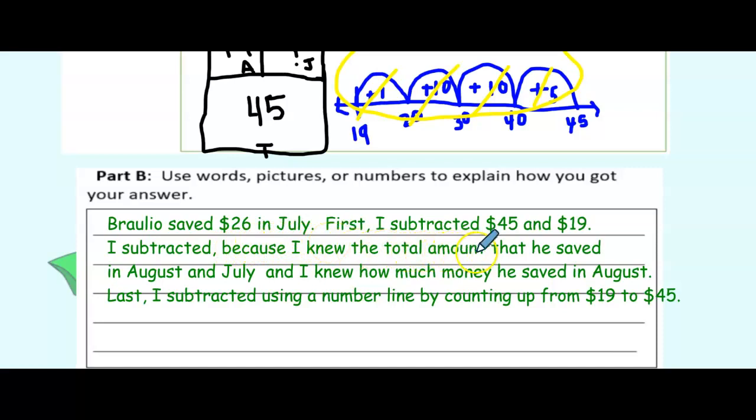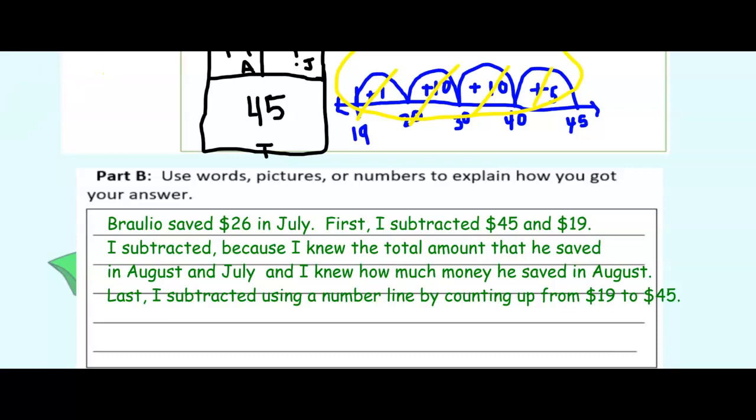First, I subtracted $45 and $19. I subtracted because I knew the total amount that he saved in August and July, and I knew how much money he saved in August. Last, I subtracted using a number line by counting up from 19 to 45.